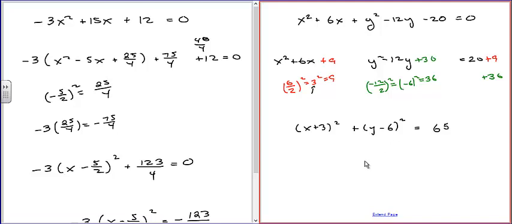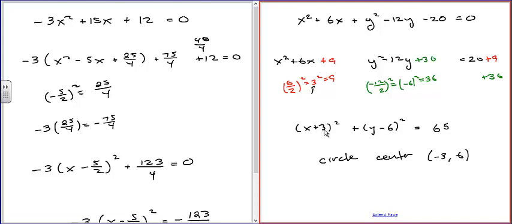Okay, so that's as far as we need to go. Ultimately, what we end up doing, so let's just talk about what this is. This is actually a circle. The center of the circle is at -3, 6.